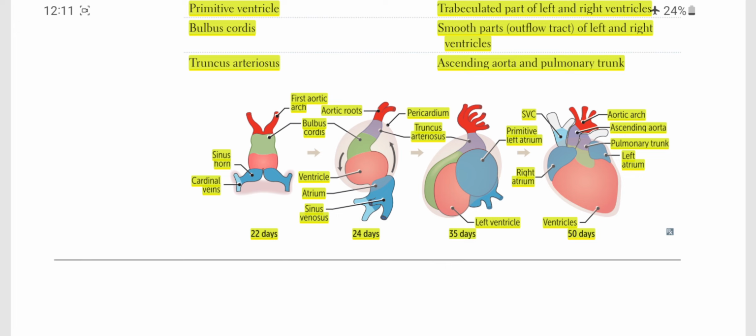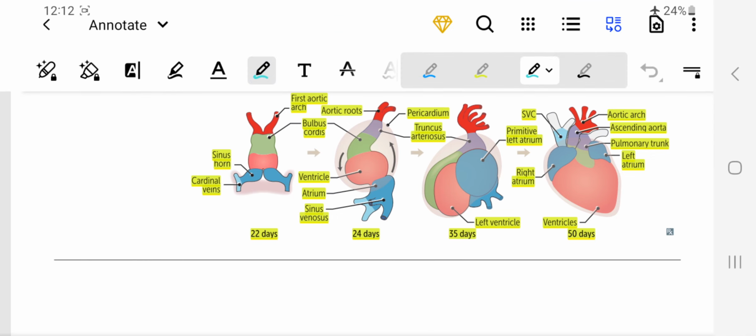The point we should remember is that the atria are below the ventricle. Then during the future formation, the atria will go up and the ventricle will take that position, right? So on day 35 there is the left ventricle, right?